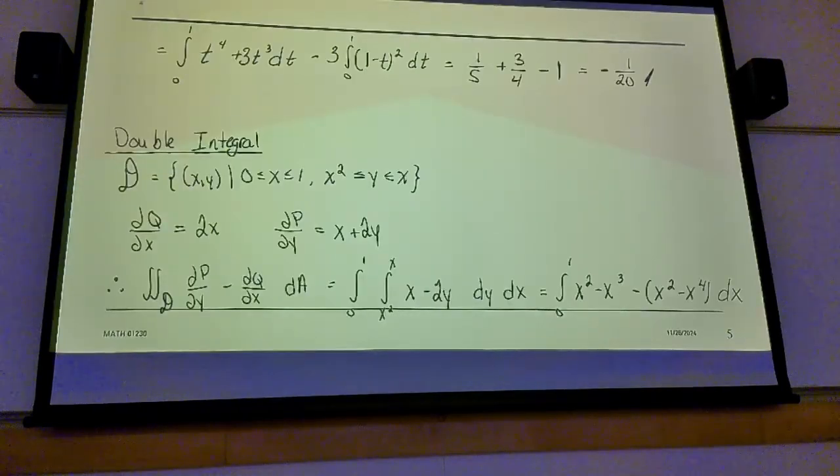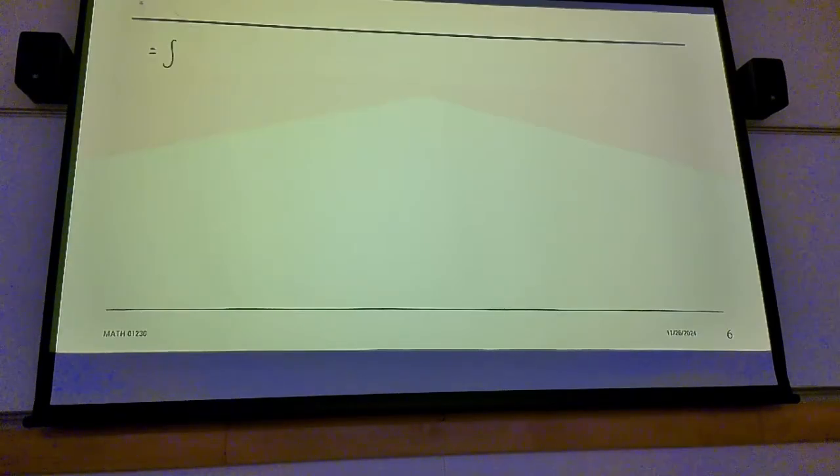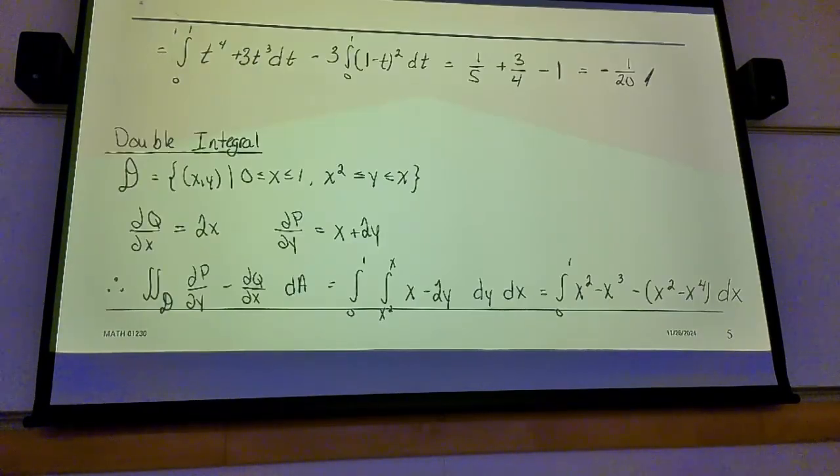That's what we're left with, x to the fourth minus x cubed. One-fifth minus a quarter, which is what? Negative 1/20.